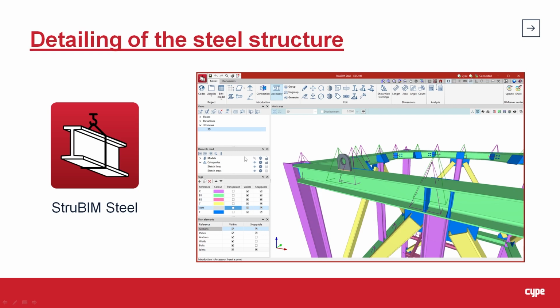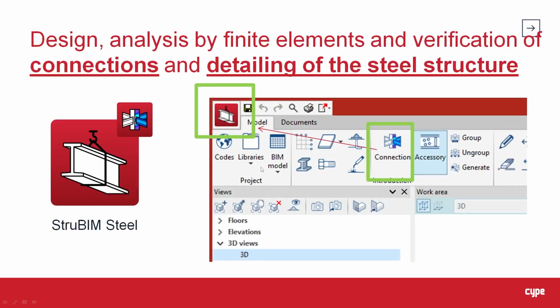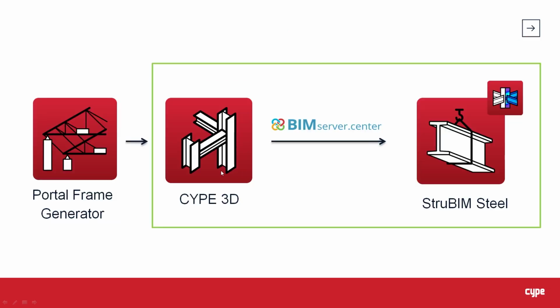But if you're interested in the detailing of the steel structure and your license includes Strubim Steel, or even better, if you're interested in both solving the few connections that we have left and the detailing of the steel structure, and your license includes both modules, then you can export directly to Strubim Steel since Cype Connect is inside Strubim Steel.